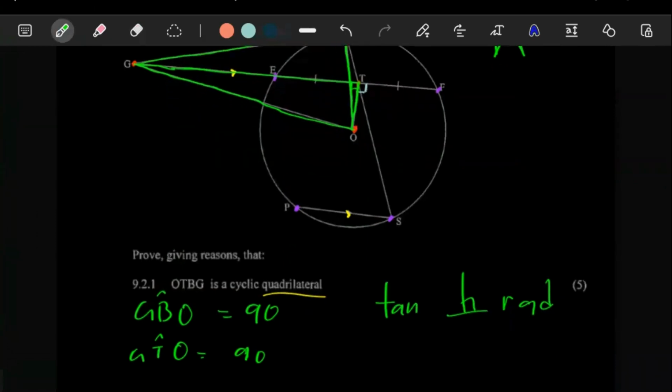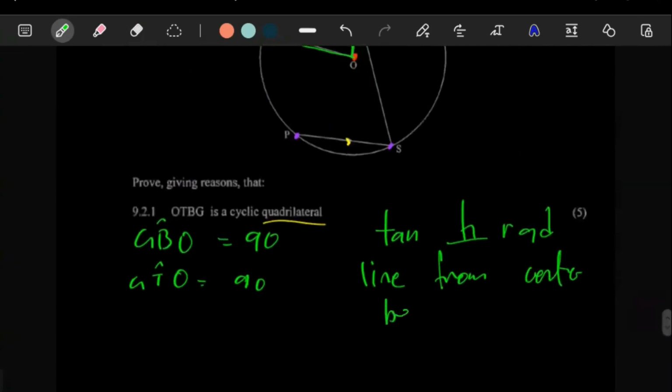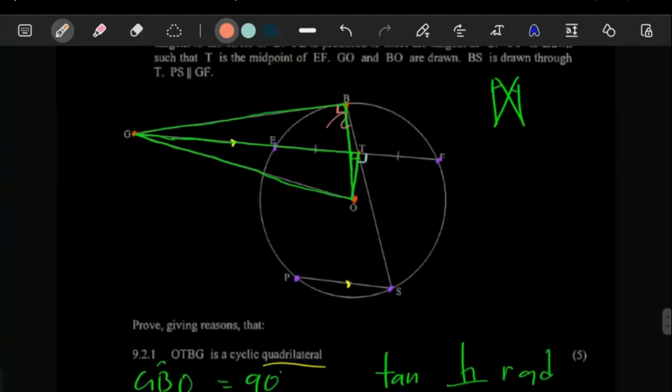The reason is line from center bisects chord. There we go. This and this. What else do I need now? So as long as you've shown that they're both equal to 90 degrees, right?